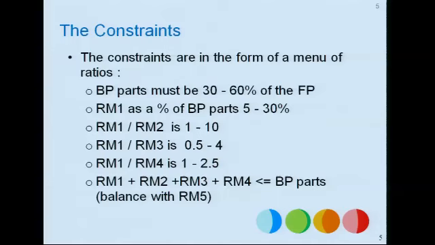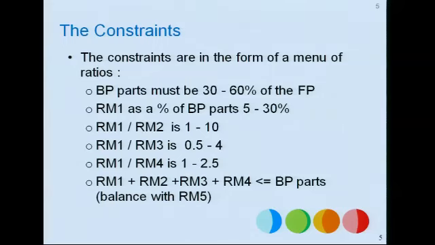So I'm talking about BP being this base powder, and then I've got a series of raw materials labeled raw material 1 to 5. So basically, my base powder can be between 30 and 60% of my finished product.